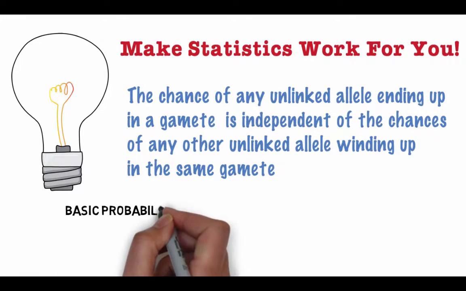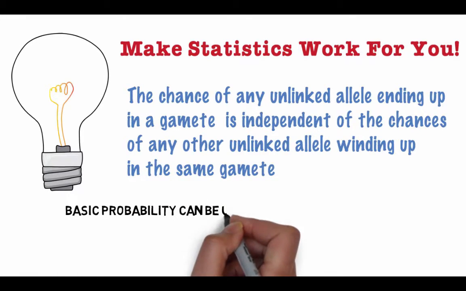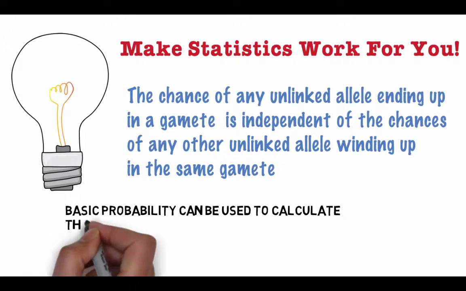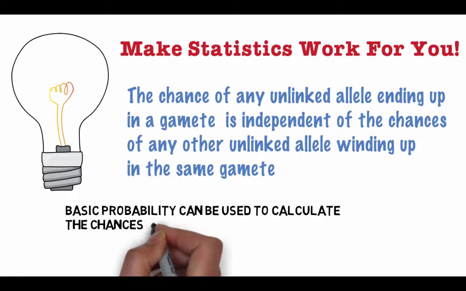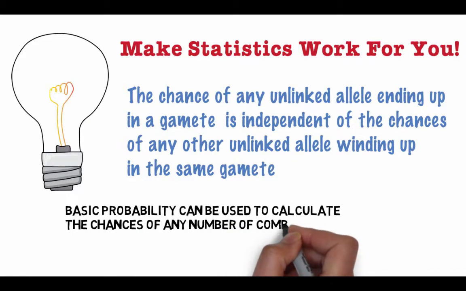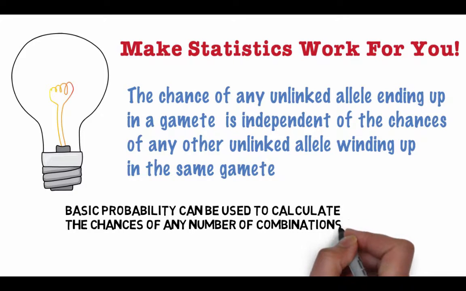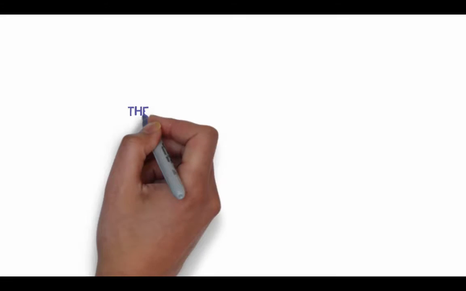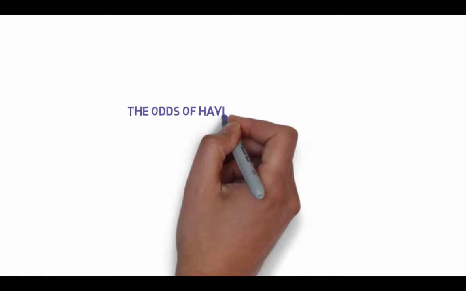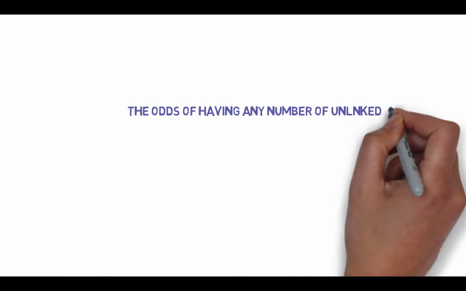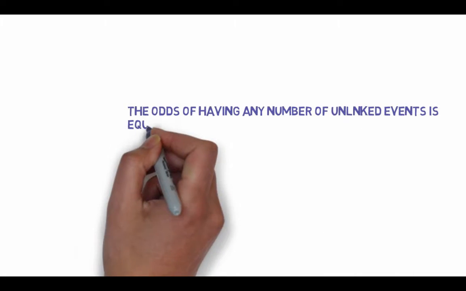The basic probability can be used to calculate the chances of any number of combinations of alleles. In other words, the odds of having any number of unlinked events occur simultaneously is equal to the product of the odds of the occurrence of each event multiplied together.